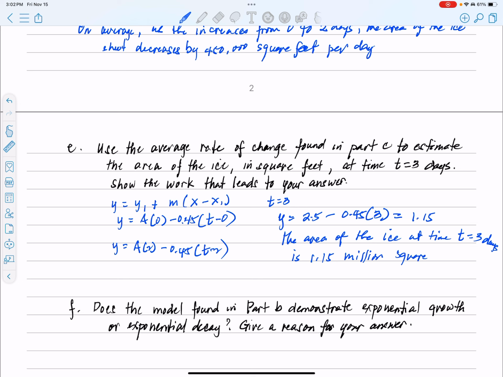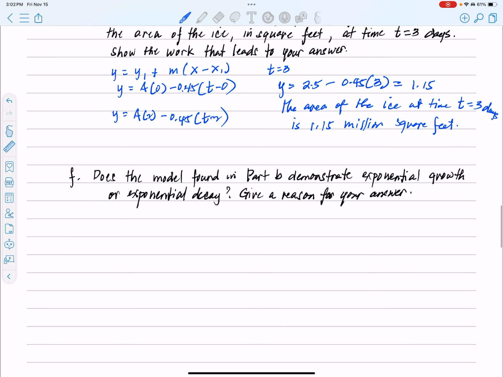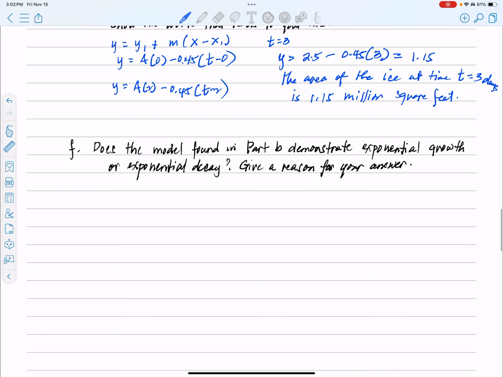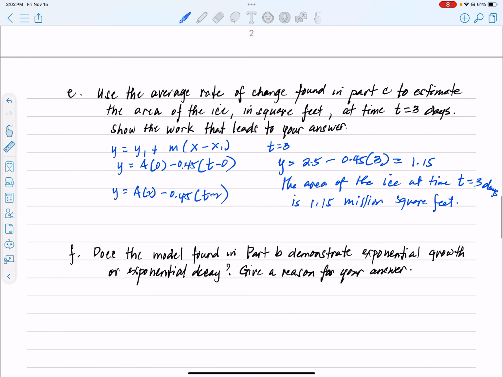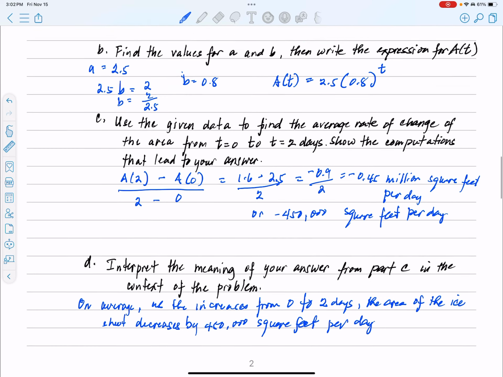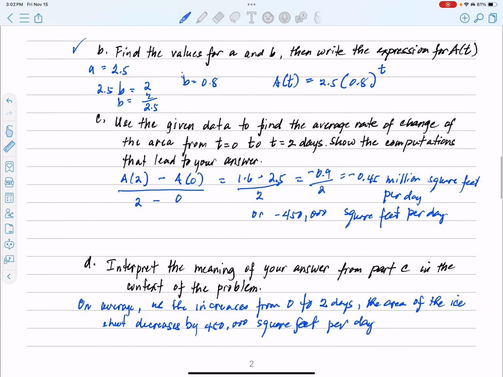Questions like this are usually questions that come out in the AP Precalc exam. Does the model found in Part B demonstrate exponential growth or decay?